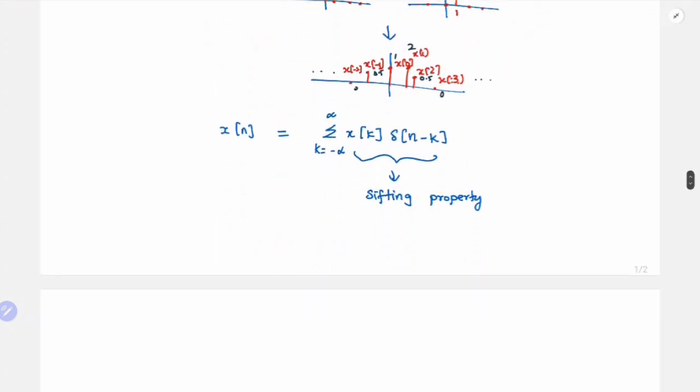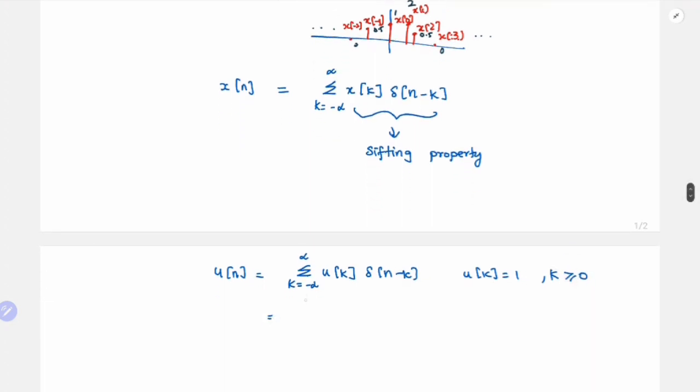As a simple example, you can take the unit step function u of n. If you substitute in this, you'll get u of k into delta of n minus k. And u of k is equal to 1 for k greater than or equal to 0, right? So your summation will only be non-zero from 0 to infinity, and u of k is 1, so you have delta of n minus k.